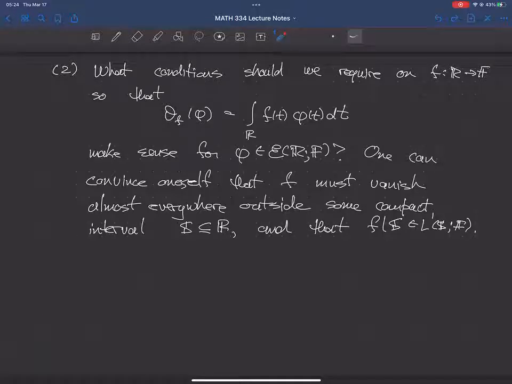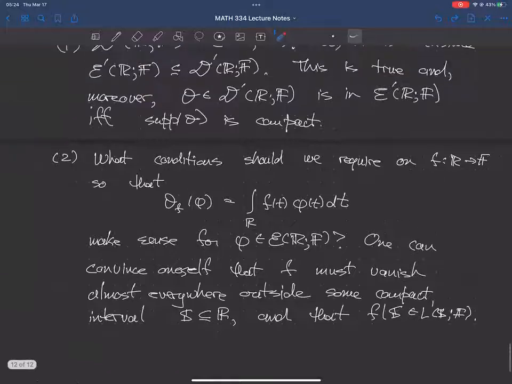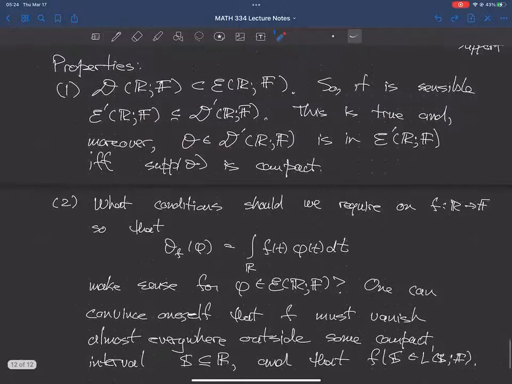All right. So these are now two new classes of distributions, E prime and D prime L1. I'm not so clear now why these are interesting to me, but next time we'll see how.